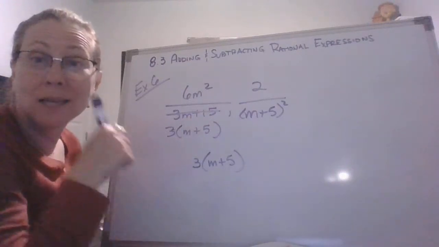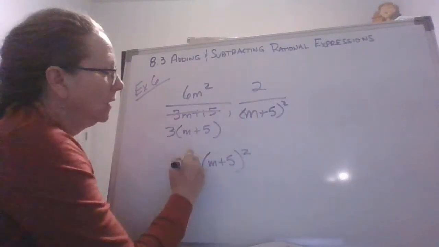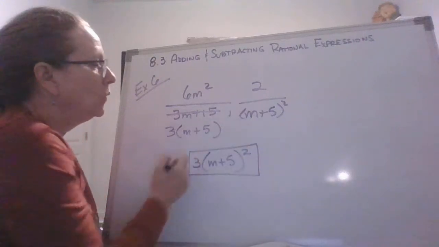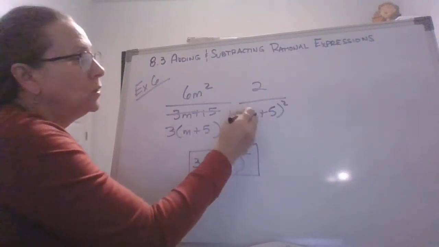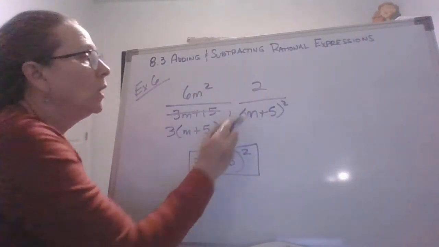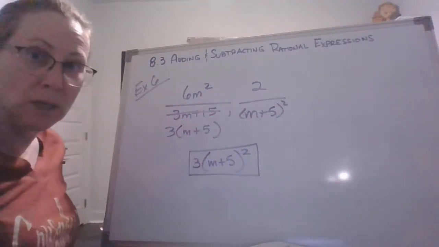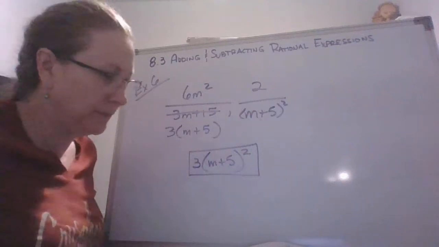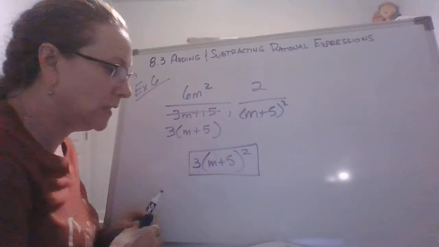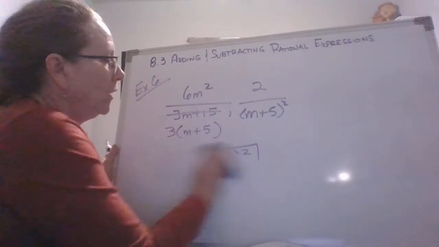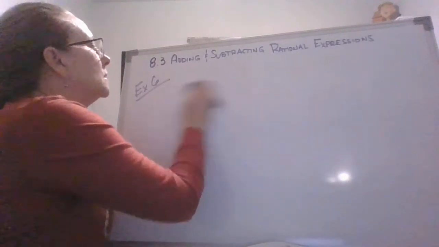So now we use the highest exponent. So even though there's 1, 2, 3 m plus 5s, we only do m plus 5 squared because that's the highest exponent available. And that's our LCD.